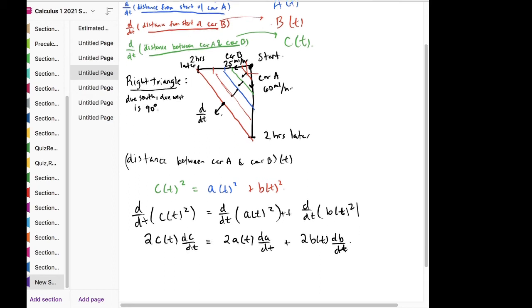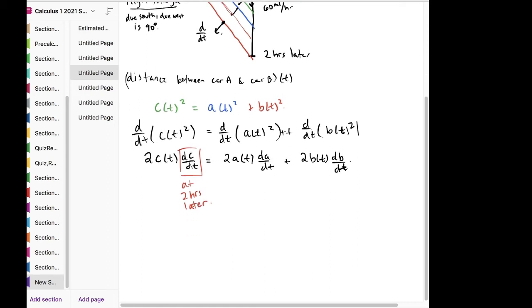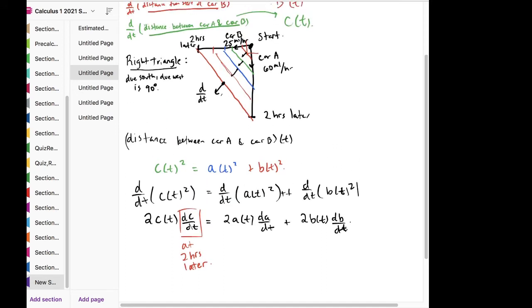Okay, what can we do? Can we simplify this? What is the goal again? We want to find this at 2 hours later. That's the goal. So how can we simplify this expression? Do we know anything?